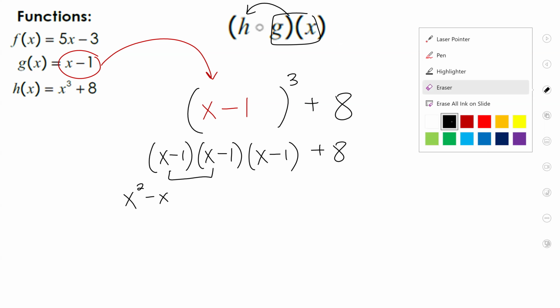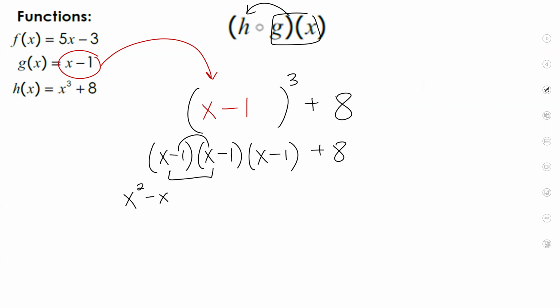Negative 1 times x is negative x. -1 times -1 is +1. Okay. So these two together, what do those become when you combine those two? Good, -2x.